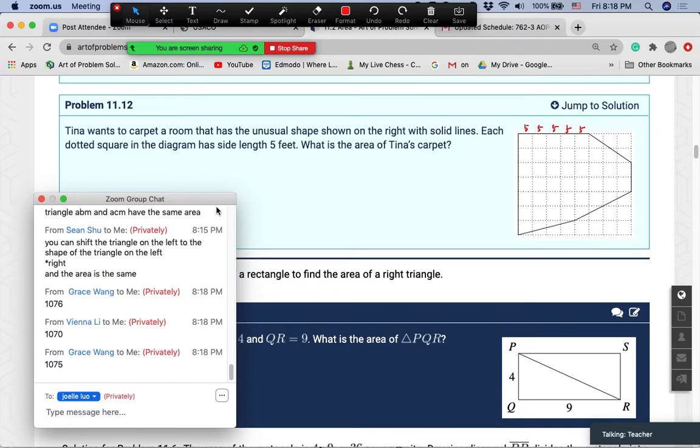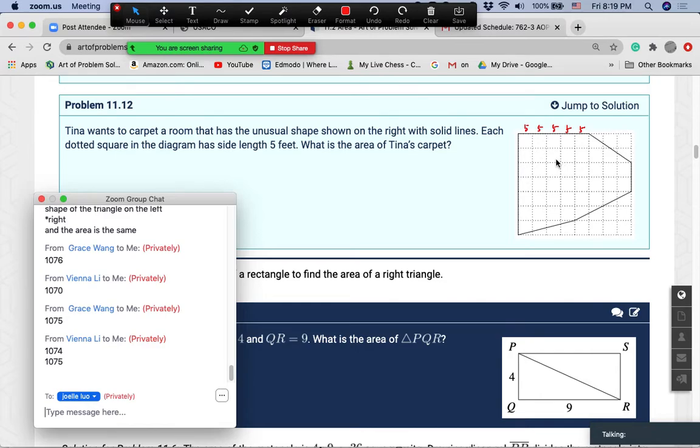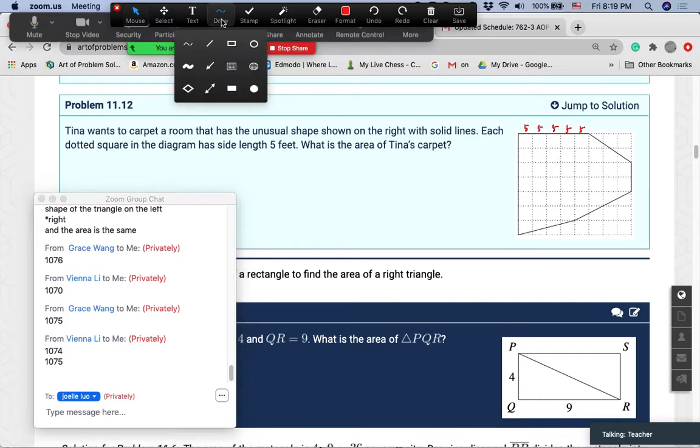Okay, how to do this? To do this, there are two ways. Vienna, now you're still very close. Say, we can do it this way. Yeah, now you're right. We can do it this way.